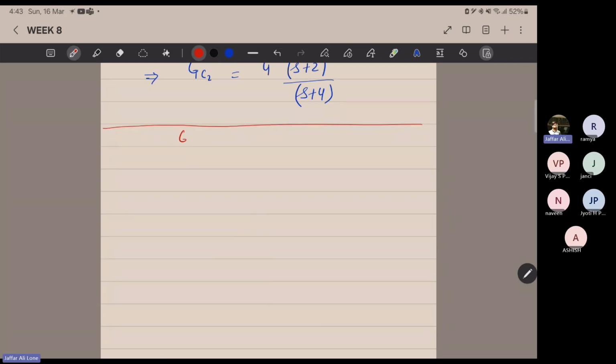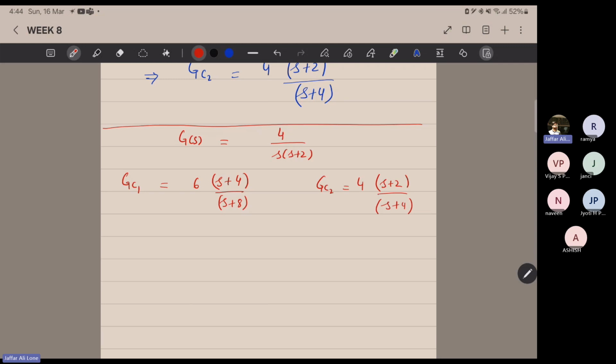So we were given this G of S is equal to 4 divided by S into S plus 2. Now we made two compensators for the same. One was GC1, 6 into S plus 4 divided by S plus 8. And GC2 was 4 into S plus 2 divided by S plus 4. Correct? So now let's do the root locus.